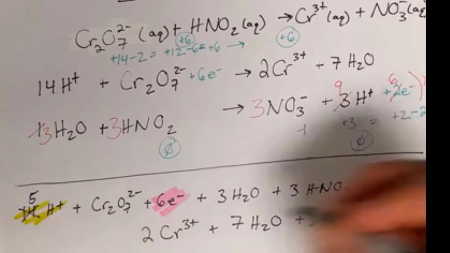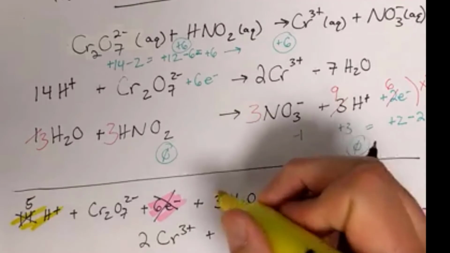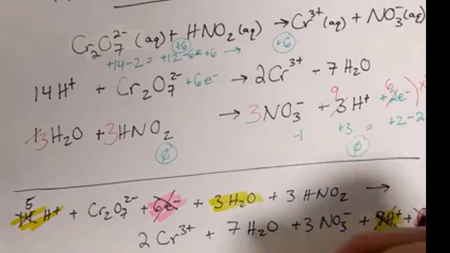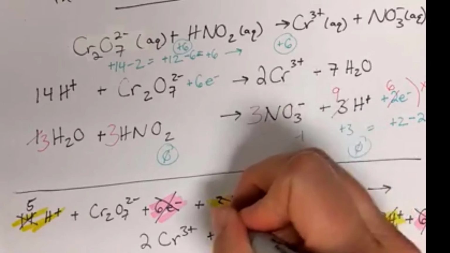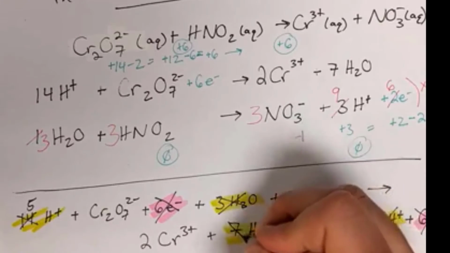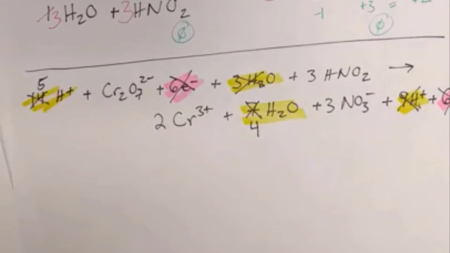Now my electrons have gone away and my hydrogens have gone away. What's left? I've got water on both sides of my equation. I've got 3 waters here and 7 waters here. So all 3 of these are going to go away, 3 of these are going to go away, leaving me with 4. 7 minus 3 is 4. The last and final step is just rewriting it all.